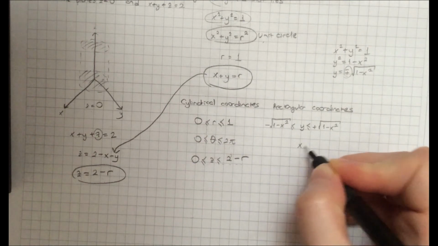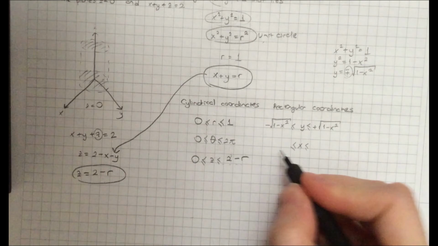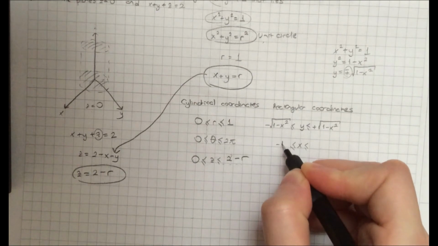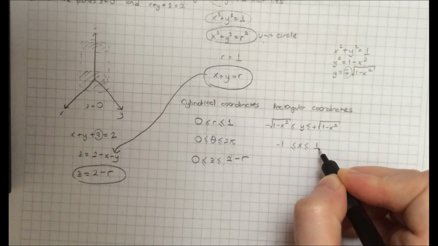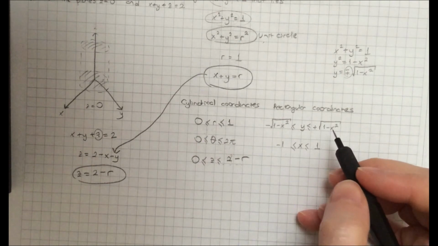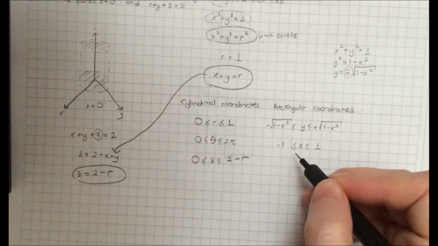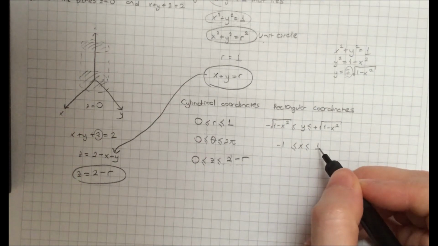And for x, what are the limits of x? It is -1 to 1, because we said that it is a unit circle. So the x is going to change from -1 to 1.